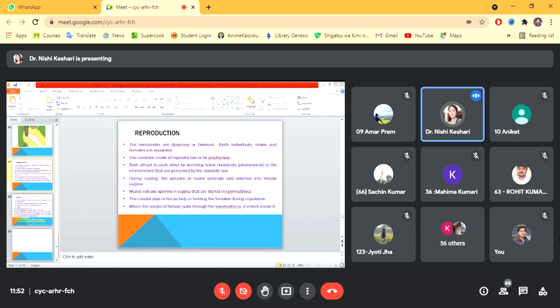Amphimixis means male and females both are responsible for the production of the new generation. So this is also called dioecious. Dioecious means the male individual is different, the female individual is different. Like in papaya plant, you have seen that the female plant is different, the male plant is different.